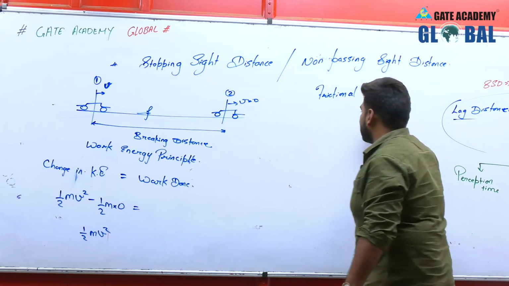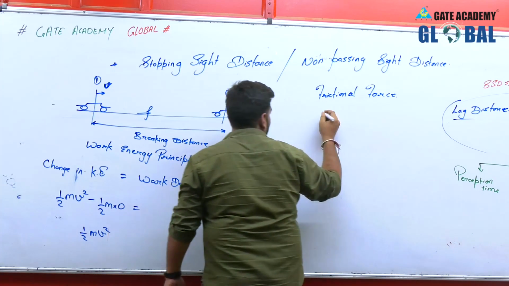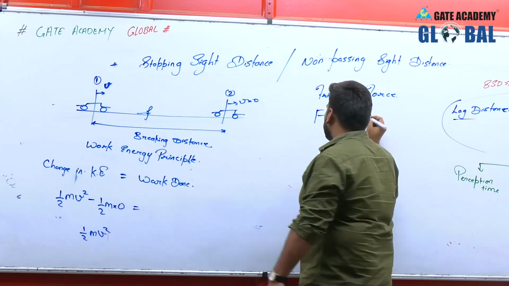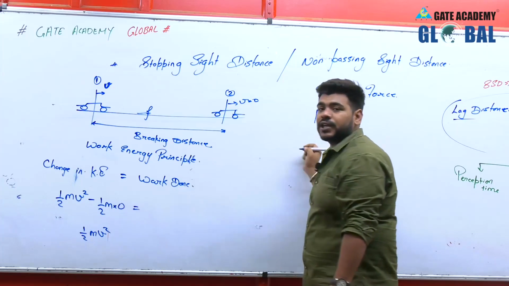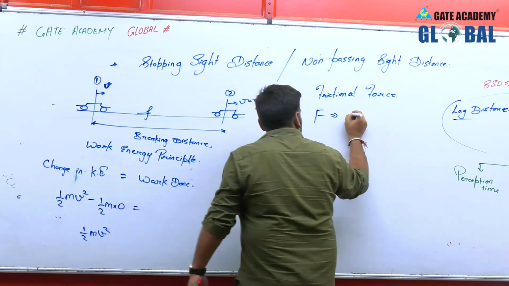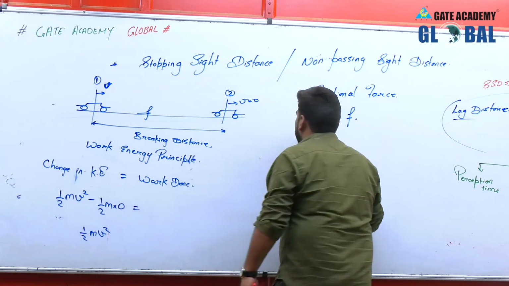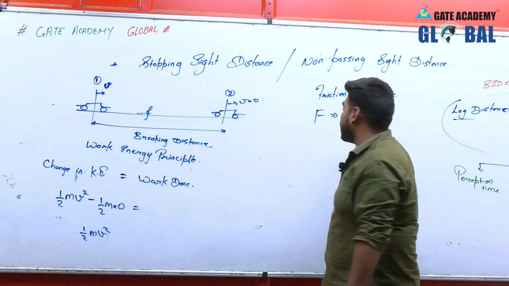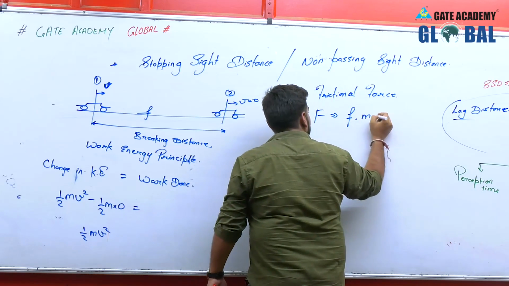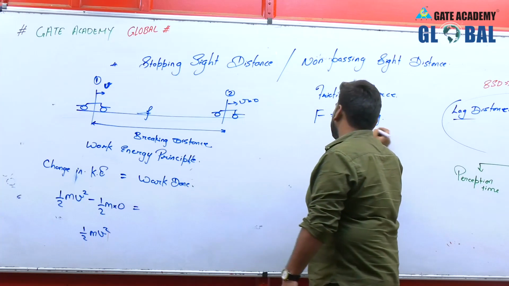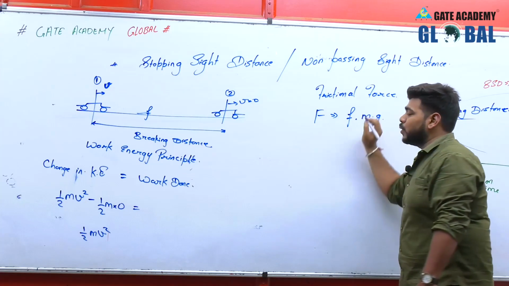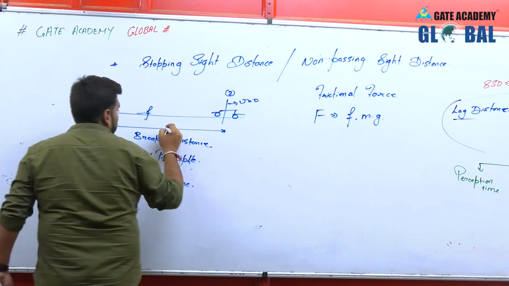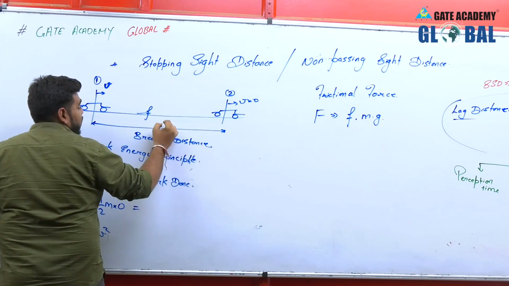We are giving it the name capital F, and the frictional force is equal to mu, or the coefficient of friction acting on our vehicle, which we call small f, times the total normal reaction, which is equal to m into g. So the frictional force is equal to f into m into g. And if we talk about the work done, the total distance covered in this portion I am giving the name L.